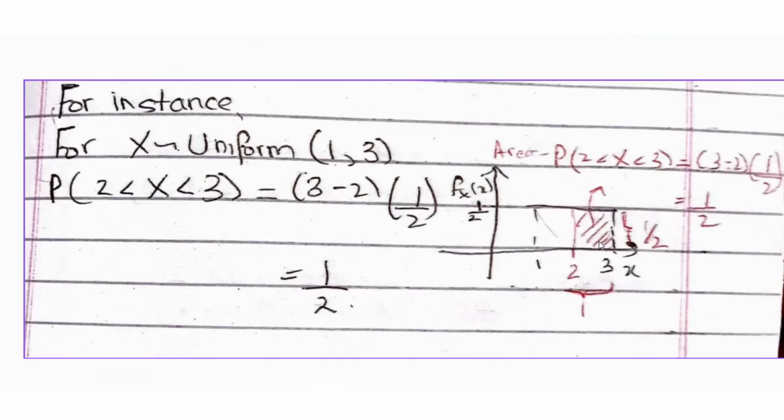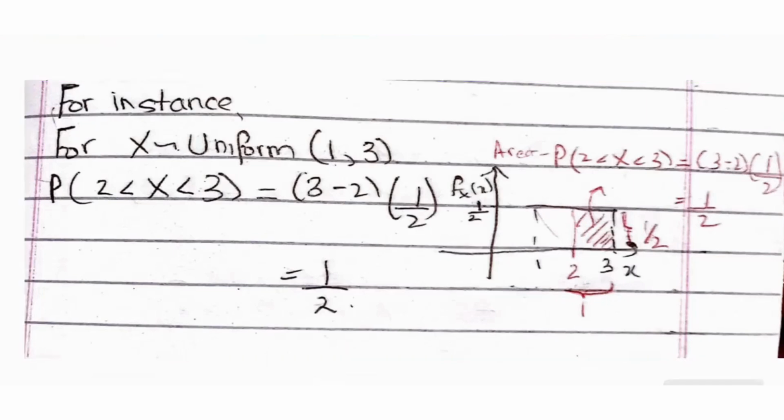The probability it lies between 2 and 3 is the area of this rectangle, which has a length of 3 minus 2, which is 1, and a width of 1/2. So the probability that X lies between 2 and 3 is just the area under the PDF, a rectangle with area 1 times 1/2.